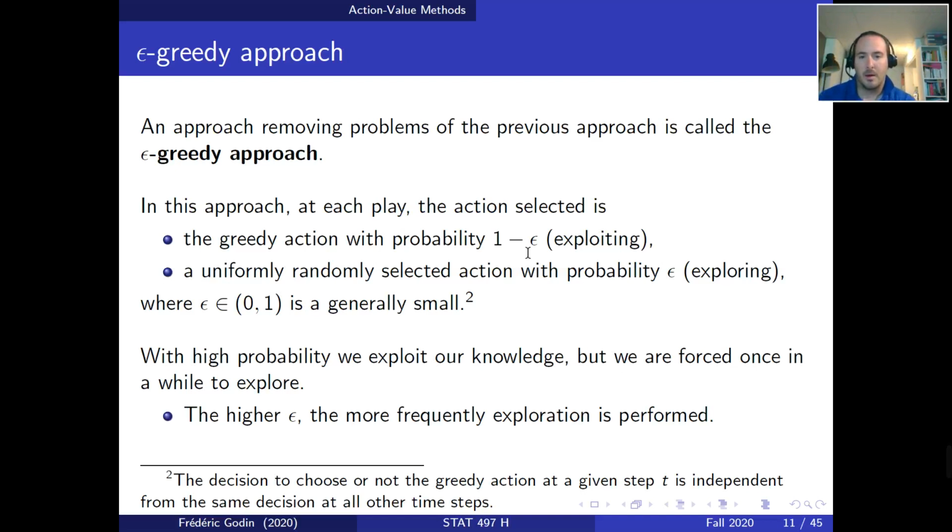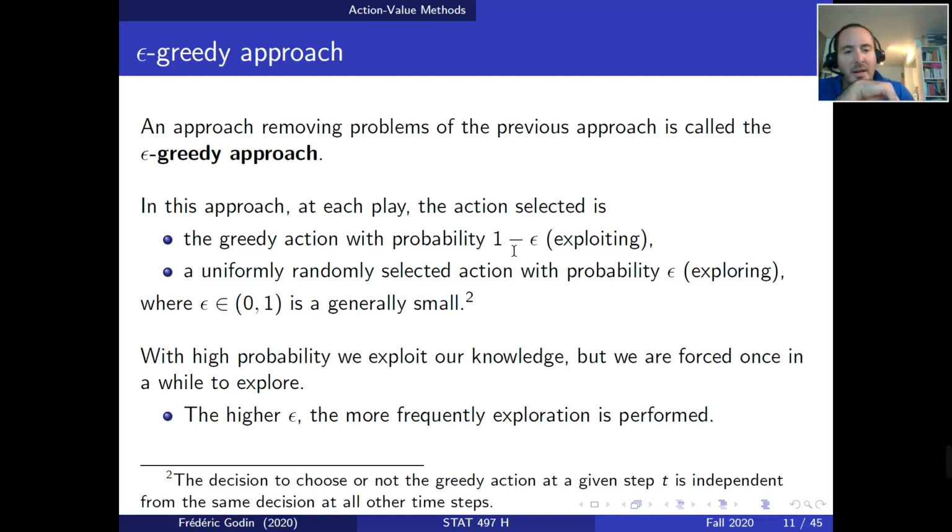With this family of approaches, if epsilon is small, then with very high probability we exploit our knowledge, because 1 minus epsilon will be close to 1. In that case, most of the time you will be greedy and exploit your knowledge, selecting what seems to be the best action.